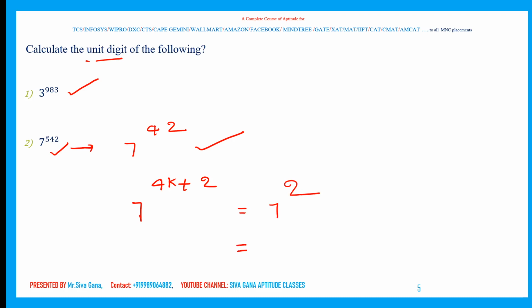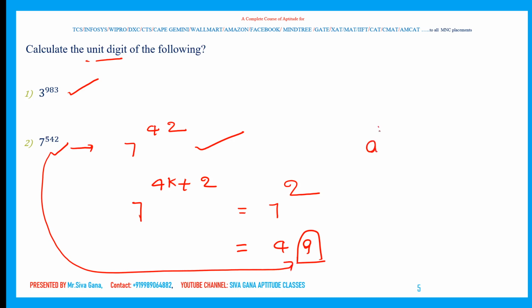Here a is 7. 7 square is 49, unit digit is 9. Therefore the unit digit of 7 power 542 is 9. I am not saying these two are equal; the unit digits are equal.